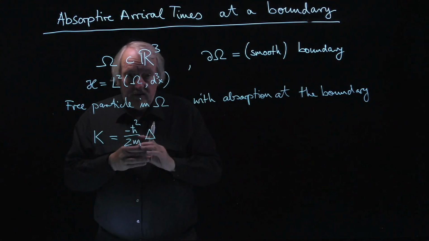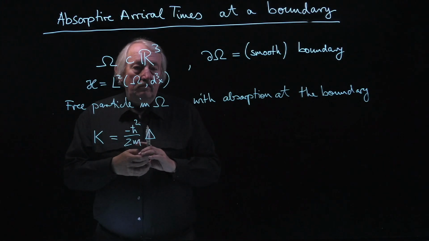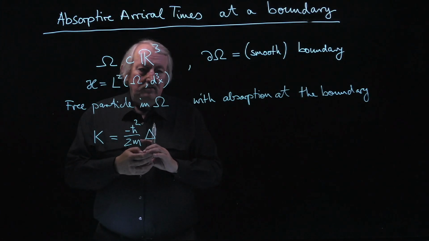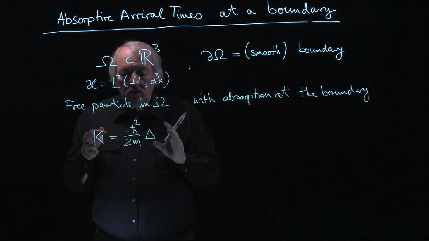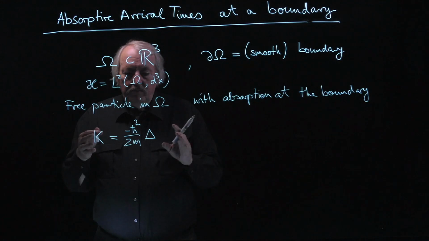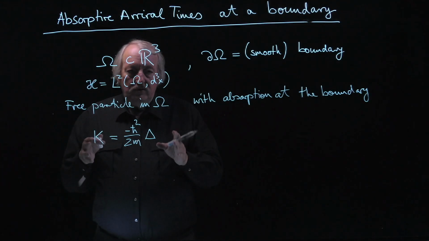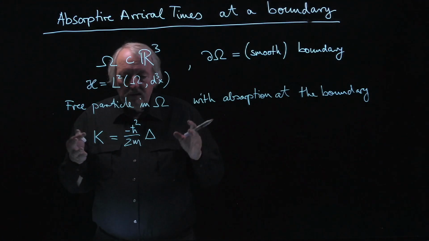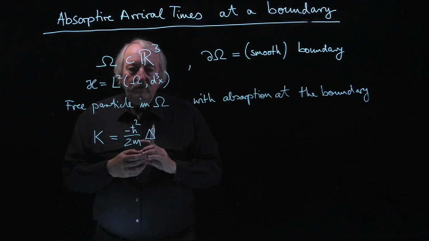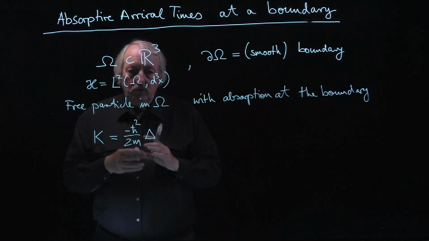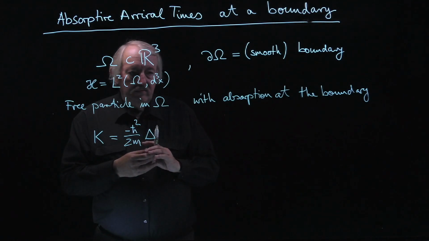You always have to say that. And you maybe have discussed a particle in a box at some point in your quantum mechanics lecture. Then what you would have to do to make this a well-defined problem and to bring in the box somehow is to state the boundary condition at the box. So for example, Dirichlet boundary condition saying that the wave function has to vanish at the boundary, or Neumann saying that the normal derivative vanishes.